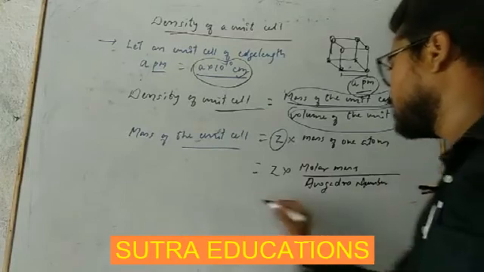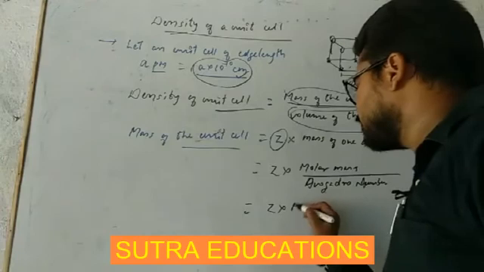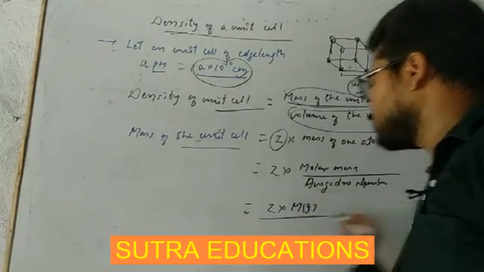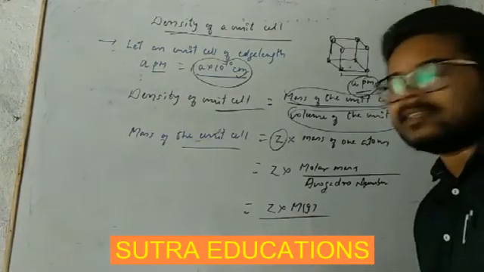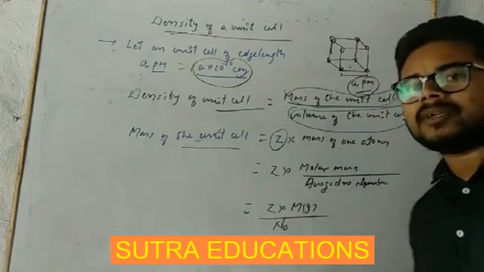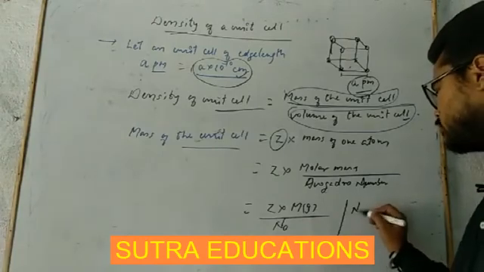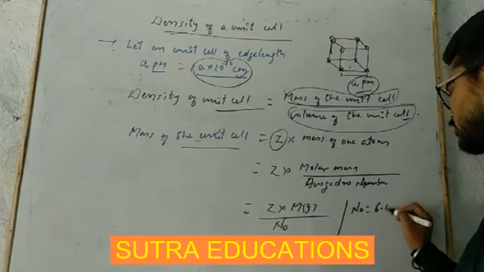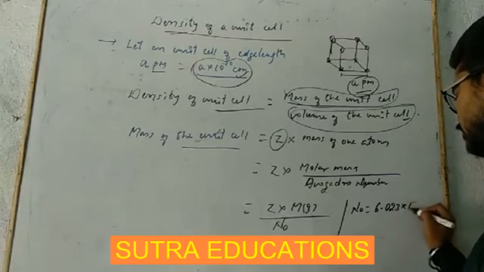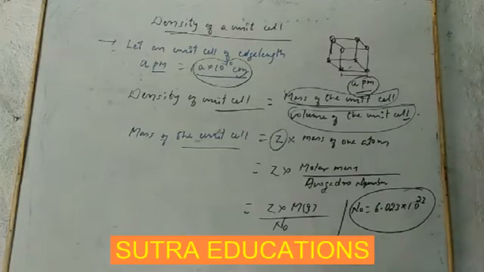Means Z into molar mass, say it is m gram, and Avogadro number is n naught. You know the value of Avogadro number N0, it is equal to 6.023 into 10 to the power 23. Got it?